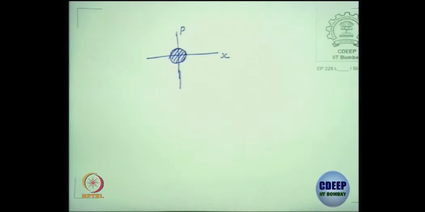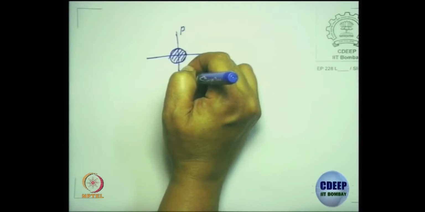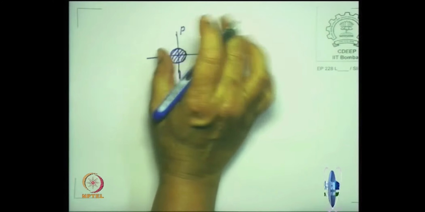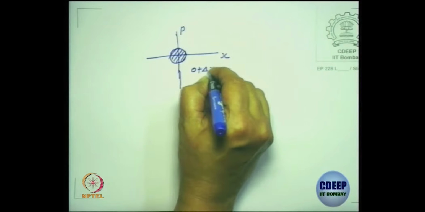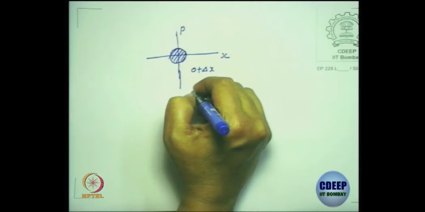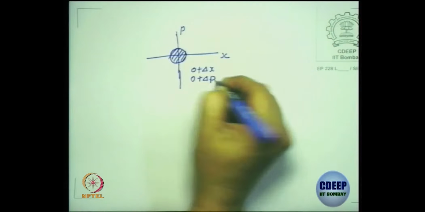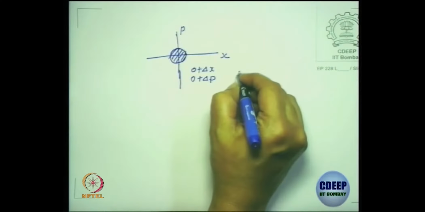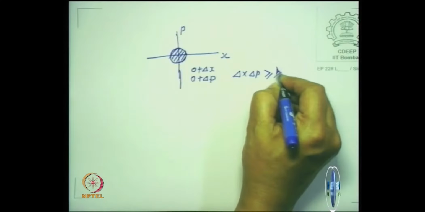Okay, that area should be greater than or equal to h cross by 2. I can't say I am exactly at the origin, but I will have some haziness where I will say it is origin plus delta x, and similarly origin for momentum plus delta p, such that delta x delta p should be greater than or equal to half h cross by 2.